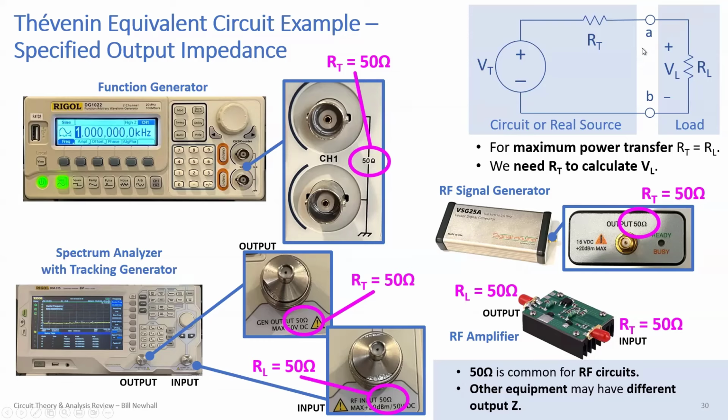Well, that's not true, because 1 volt peak to peak actually sets, depending upon the impedance setting of the function generator, what this VT is going to be in terms of the sinusoidal amplitude. But you have this resistance here. So the voltage at the terminals of that test equipment is going to change depending upon what load you apply. Okay. So that's an important takeaway for test equipment. We'll talk about that.